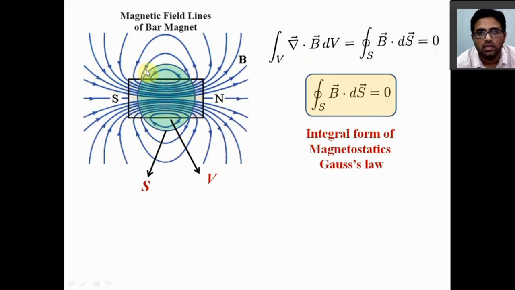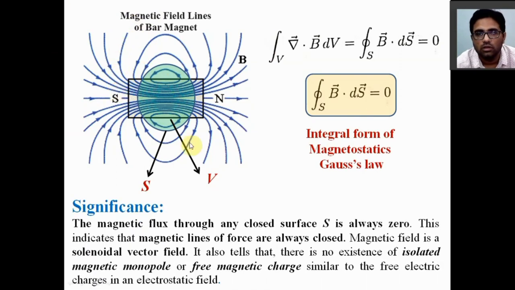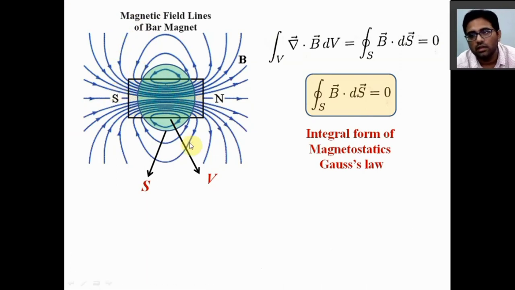You can see the direction of the field lines is from the north pole to the south pole outside the bar magnet, and inside the bar magnet, it is from the south pole to the north pole.